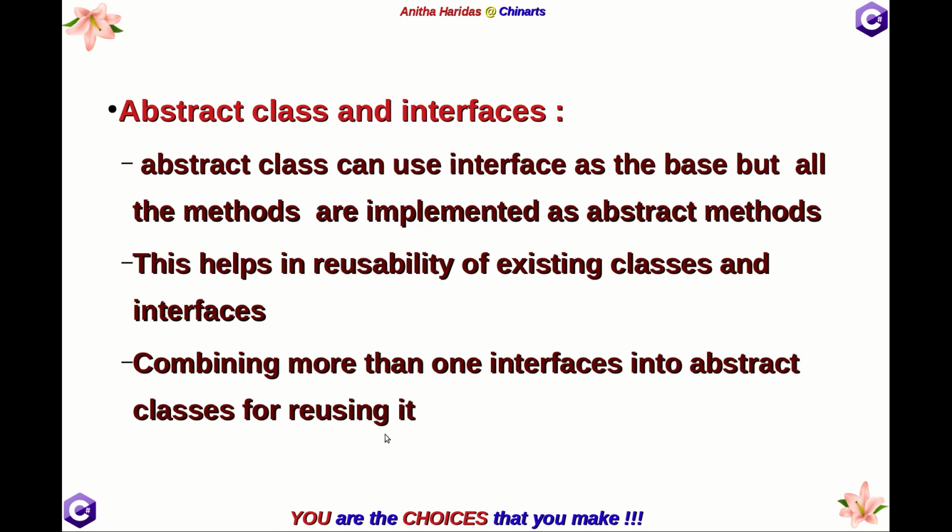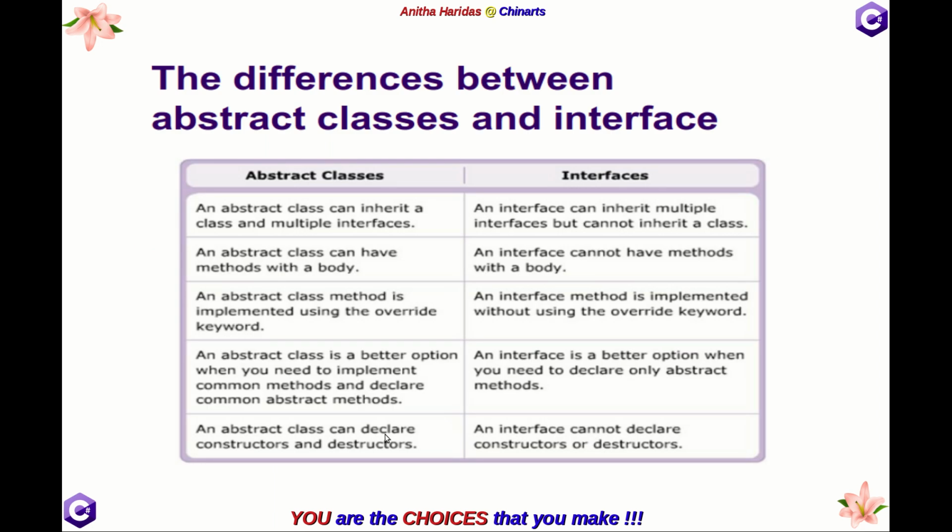Now let us see what is the difference between abstract classes and interfaces. An abstract class can inherit a class and multiple interfaces, whereas an interface can inherit multiple interfaces but cannot inherit a class.